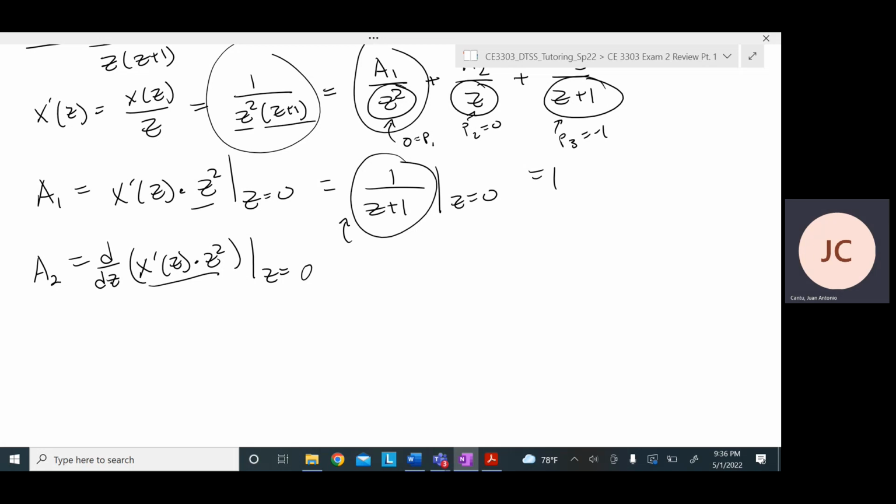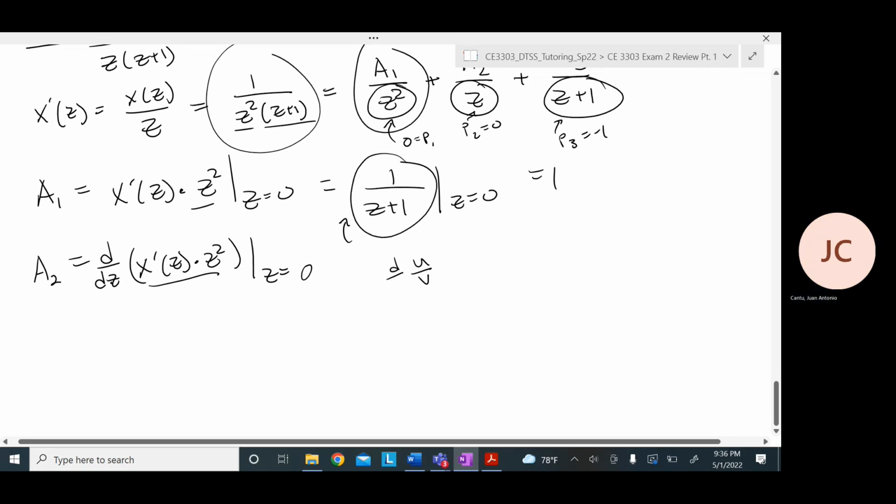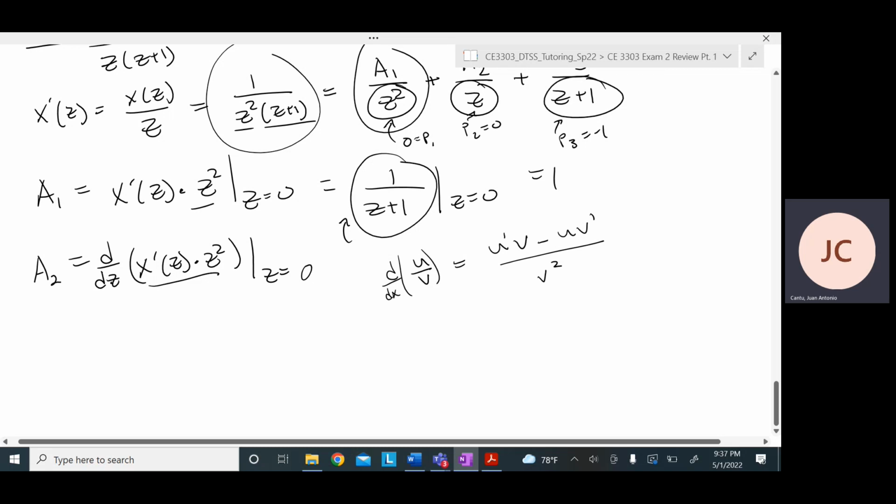So the quotient derivative rule is simply, if we have u over v, the derivative of that is u prime times v minus u times v prime, over v squared. So make sure you guys remember that.